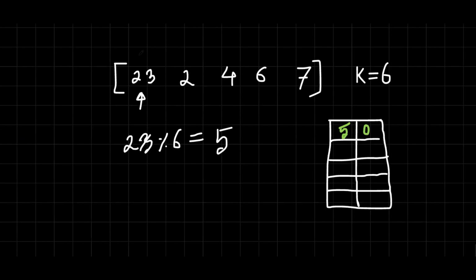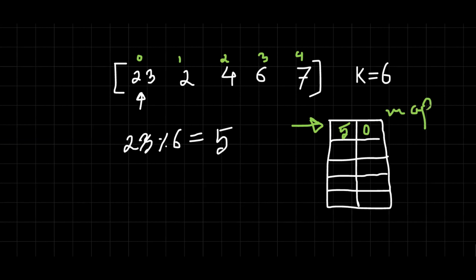As we know, the index of the array starts from 0, so it is 0, 1, 2, 3, and 4. Now, what does this entry mean in the map?